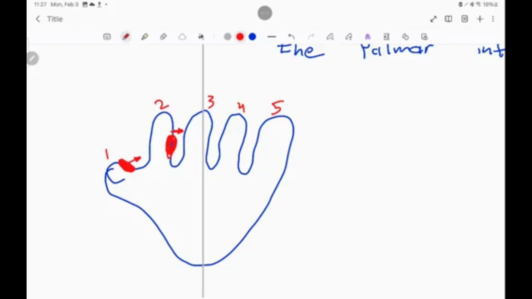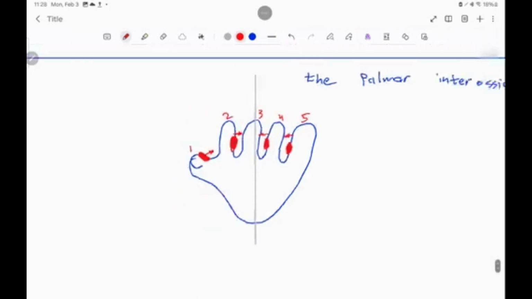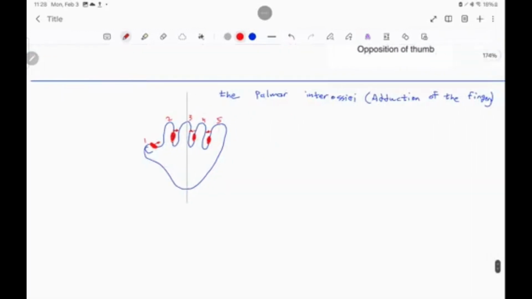What about the little finger and the ring finger? The palmar interossei will be on their lateral side, right here and right here. See, we didn't put it on the medial side, but on their lateral side, because they are going to move to the axis like this. So the palmar interossei adduct.